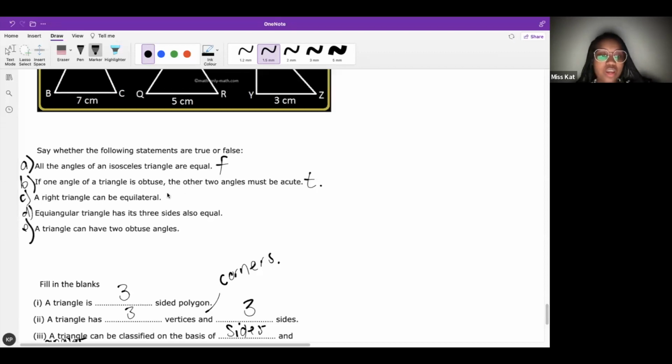You can't have all 90 degrees, right? An equiangular triangle has its 3 sides also equal. So if it has 3 equal angles, the 3 sides are also equal. Is that true or false? True. And a triangle can have 2 obtuse angles. False, says Abu. Nice.